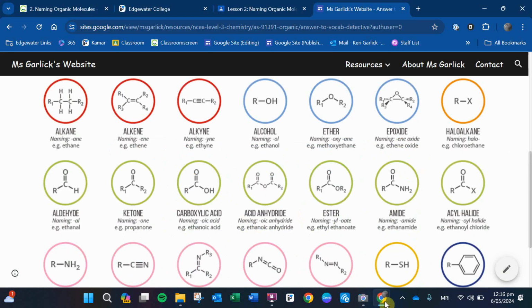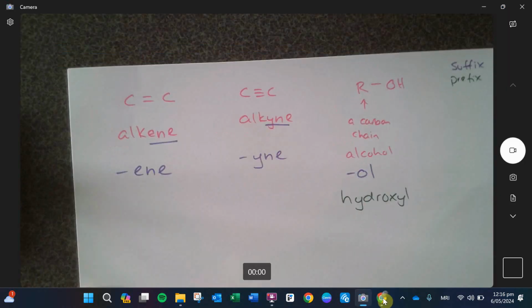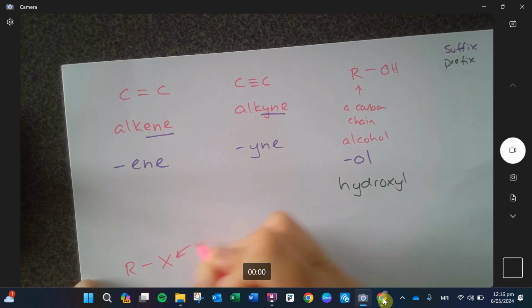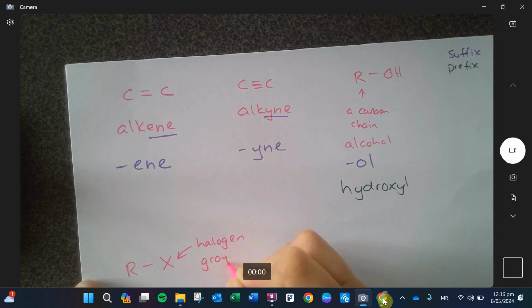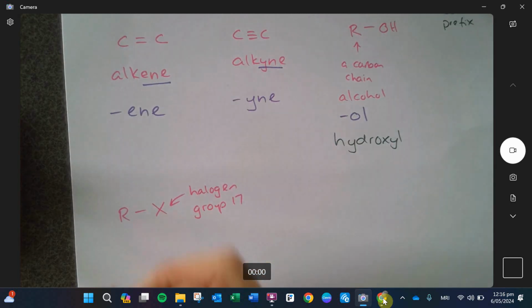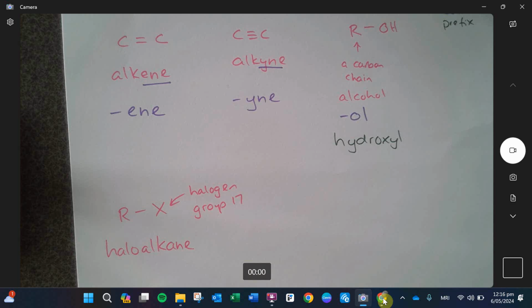Next one that you have to do, you don't have to do ether, you don't have to do these ones, haloalkane. We represent that by an X. X is just referring to any halogen. Halogens are group 17 of the periodic table. So we call this a haloalkane. This only has a prefix, and the prefix is based off of the halogen.